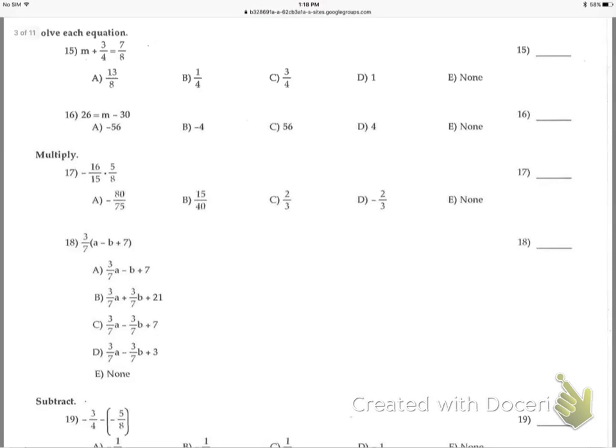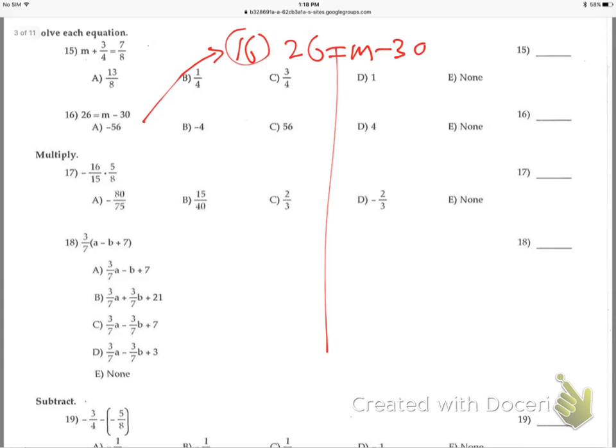Where are we at? Number 16. 16 says 26 is m minus 30. M said I won't be alone, so you know what we do. Add the 30, huh? So what is that? 56 is m? C. Next, number 17. So how do you multiply two fractions?